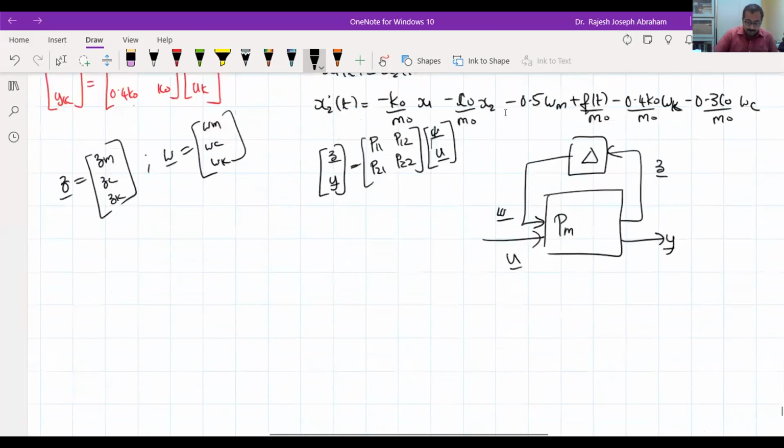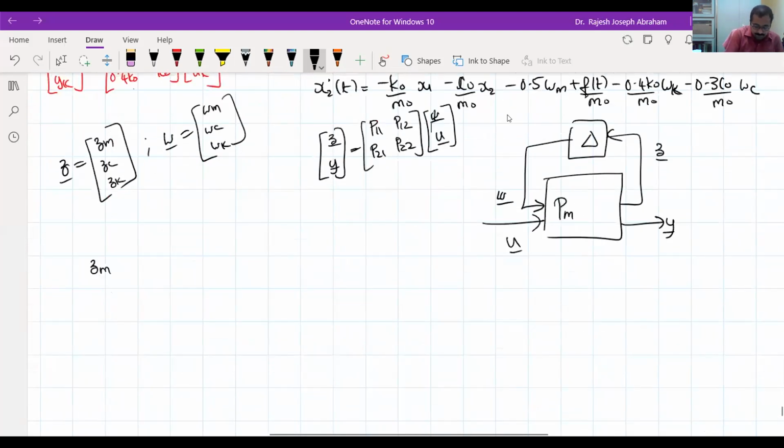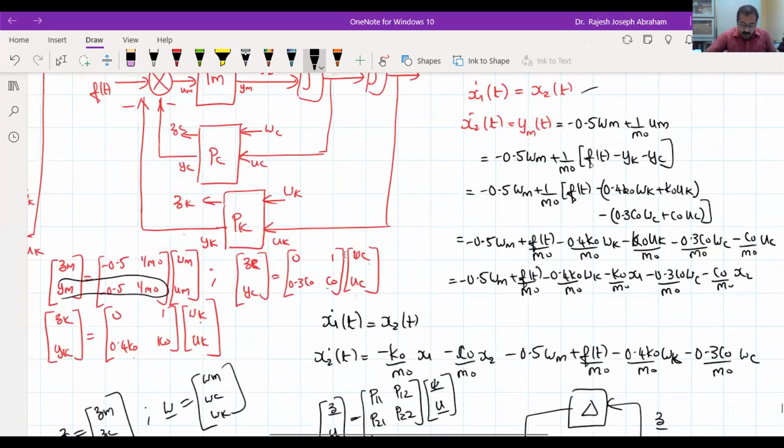So what is Zm? How will you find it? We have this expression. Zm is minus 0.5 Wm plus 1 by m naught Um. You can see here that the first row and second row are identical. That means Zm and Ym are the same.